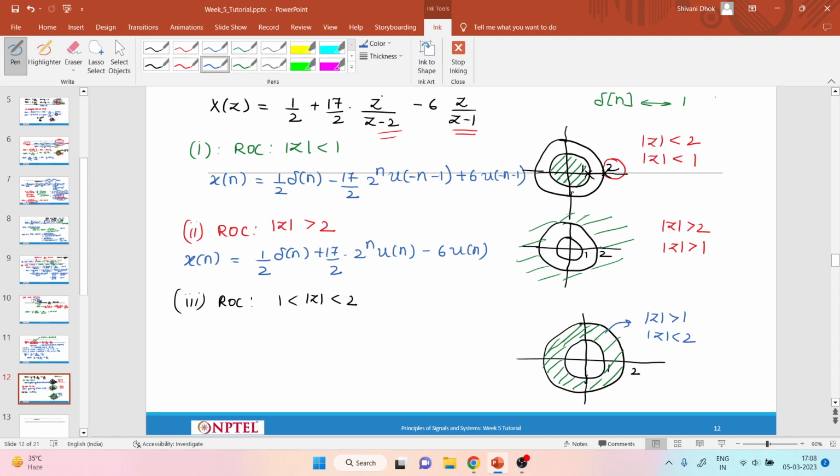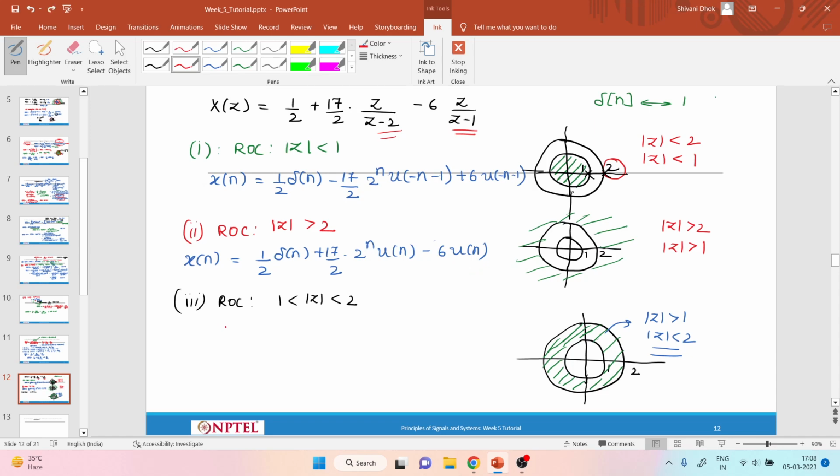So if we consider this z upon z minus 2, it corresponds to this factor. So the second term will be similar to this part here, and the third term will be equal to the part which we have obtained in the second part.